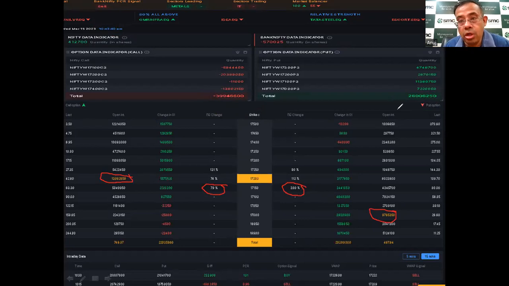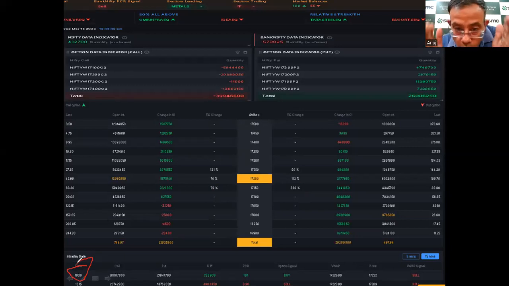At 10:45, at 10:30, your PCR was above 1, so you need not do anything. So this is the thing which will suggest to you that even though the market is negative, you still need to wait and watch.